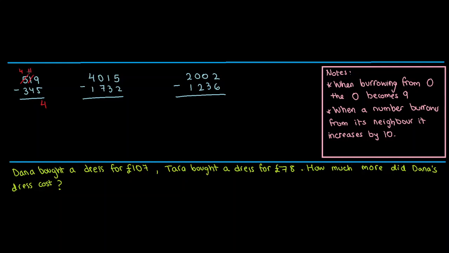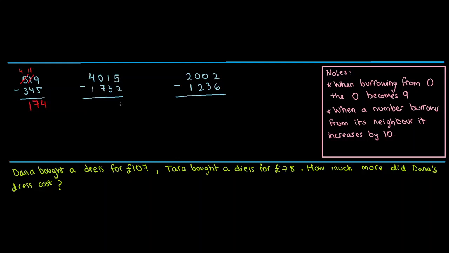Always add an extra 1 beside whatever number you have here, once you borrow from the number that is to the left of it. 11 minus 4, that is 7. And then we have 4 here. 4 minus 3, that is 1. Our answer is 174.